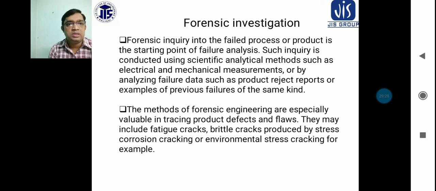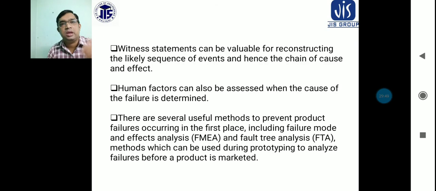The methods of forensic engineering are especially valuable in tracking and tracing product defects and flaws. These include fatigue cracks, brittle cracks produced by stress, corrosion cracking, or environmental stress cracking.